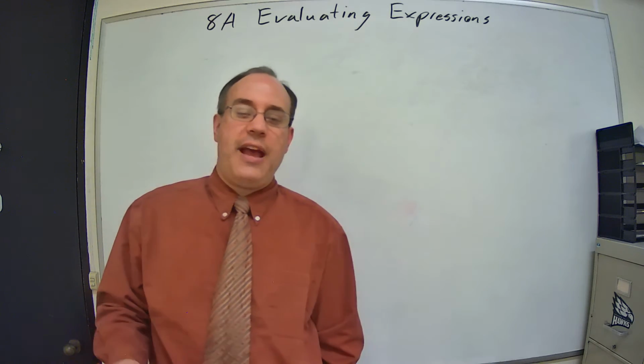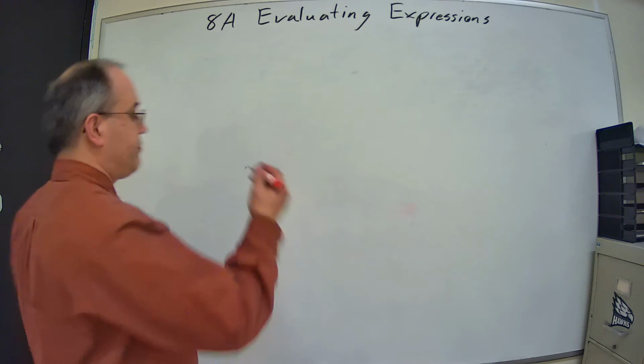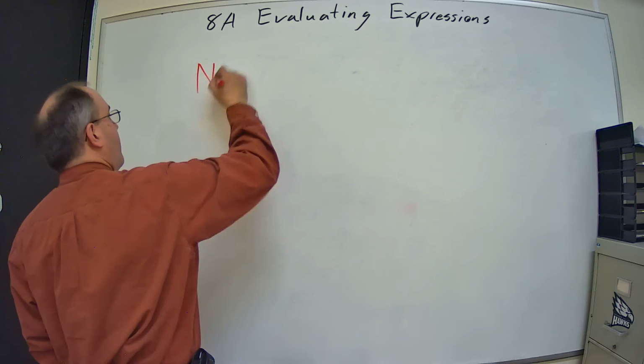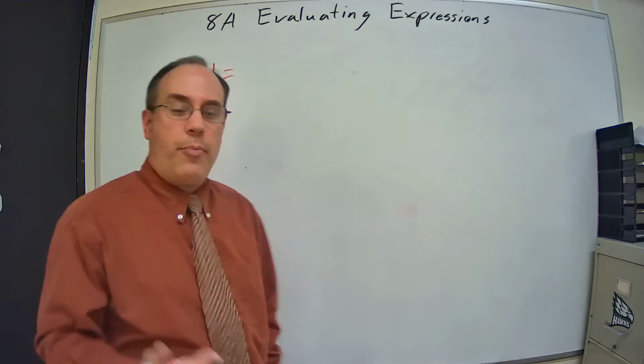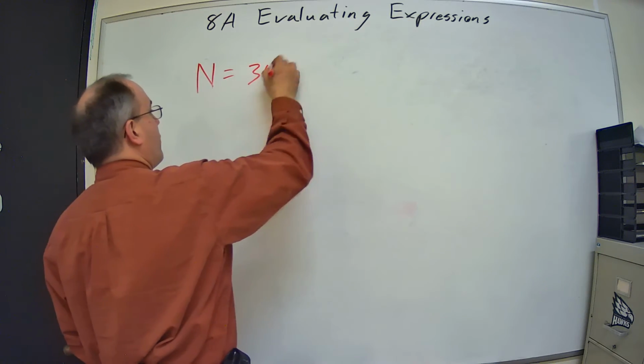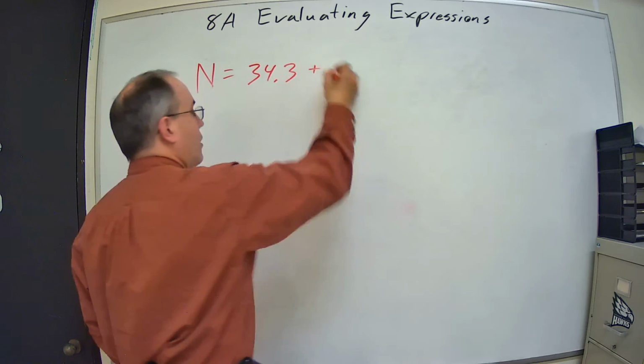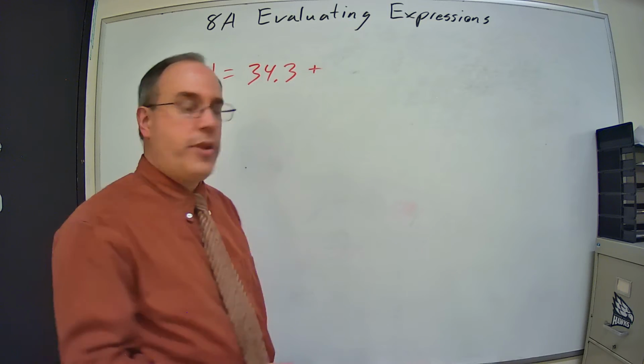So let's say we have the following equation. N is equal to 34.3 plus 3.2x.